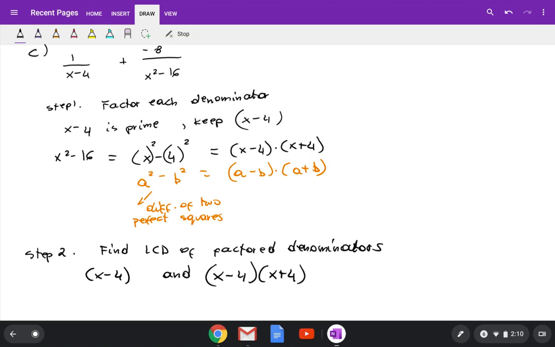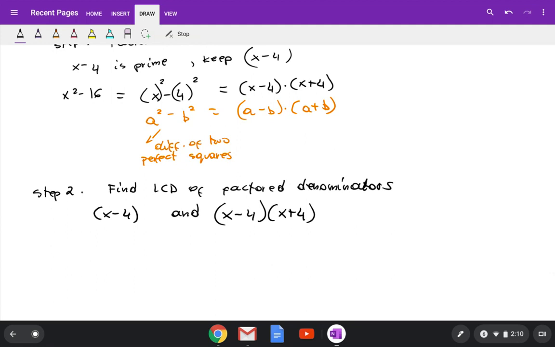It's just easier to find that LCD if you factor denominators. So what's going to be LCD? Look what happened. We have x minus 4 here and x minus 4. So it definitely is x minus 4 times the factor which we didn't use, which is x plus 4. Okay, so we have it.